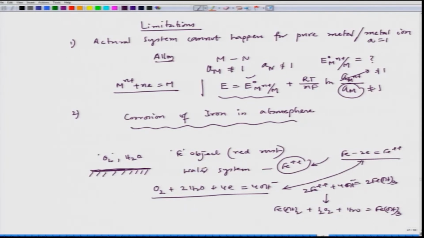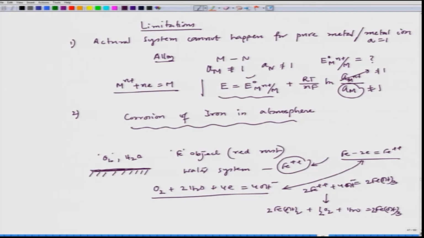If I try to balance it, so if I put 2 here, 2 here, then 6 oxygen, so this is 4, this is half, hydrogen there are 6 also, 2 and 4.